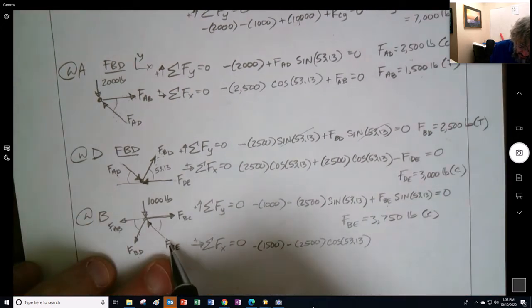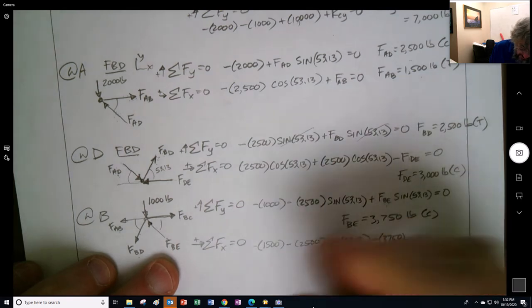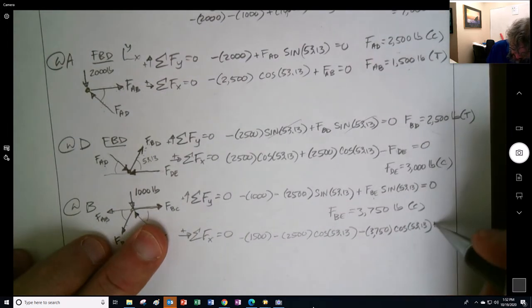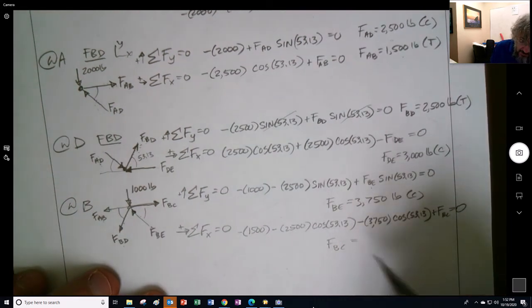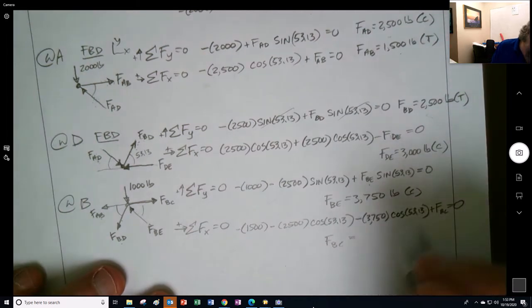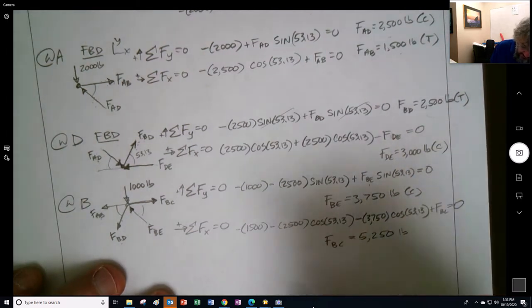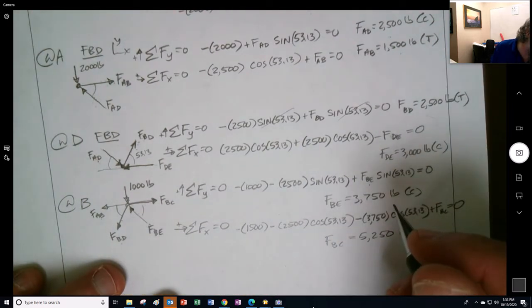And then we have a negative 3,750, and that's also cosine of 53.13. And then lastly, we have a positive FBC that equals 0. FBC is therefore going to be 5,250 pounds, and that's pulling on that thing, so it must be tension.